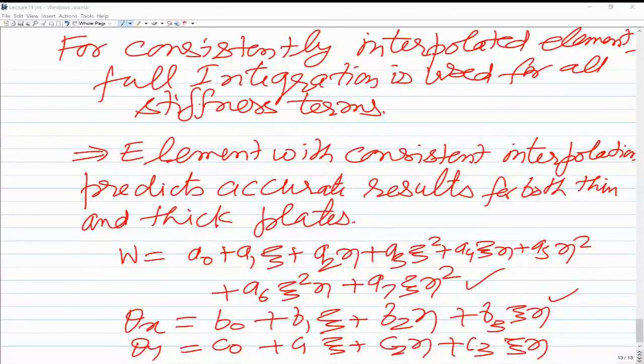So the consistent interpolation element is more involved, whereas reduced integration is straightforward. Most of the software has only reduced integration elements to eliminate the locking problems, and then of course they add additional stiffness or damping to reduce or eliminate the hourglass modes, hourglass deformations. Okay, sir. Got it. Thank you.